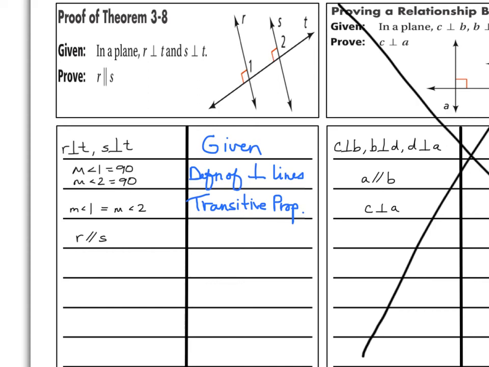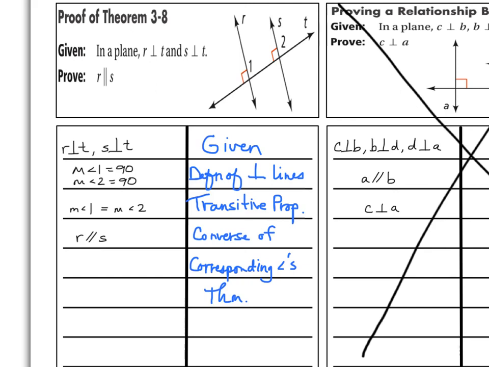So the reason I can put that they're parallel is by the converse of the corresponding angles theorem, or corresponding angles are congruent. Okay, that's how I know that they're parallel. Remember, to prove lines parallel, you only have 4 choices.